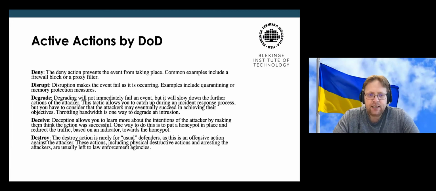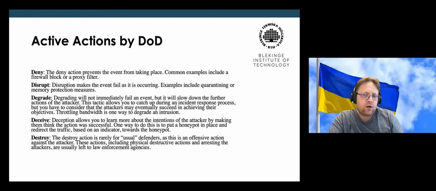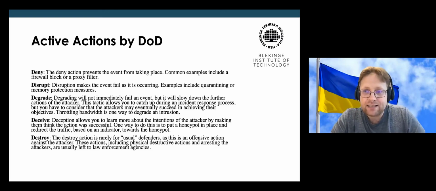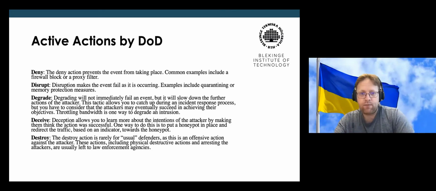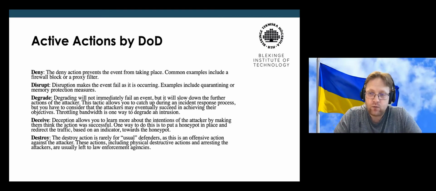Frankly speaking, degrading will not fail the event, but will slow down, for example, network bandwidth or a process, and give us time, because the attacker doesn't know about this, and we have a possibility for additional actions. We win time. Deceive. Just to deceive their or his activities, to understand their intentions, etc.